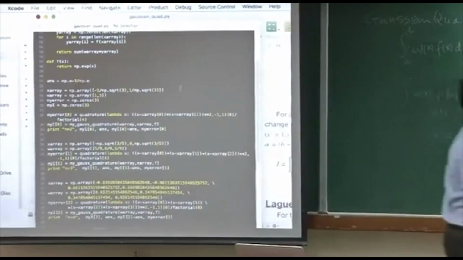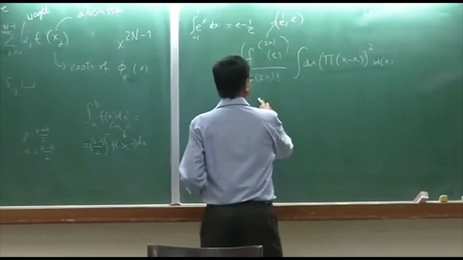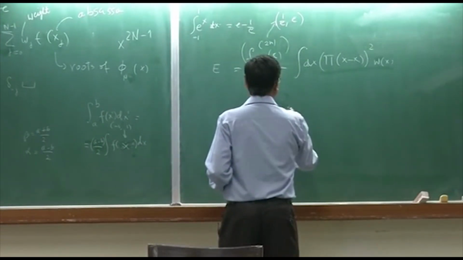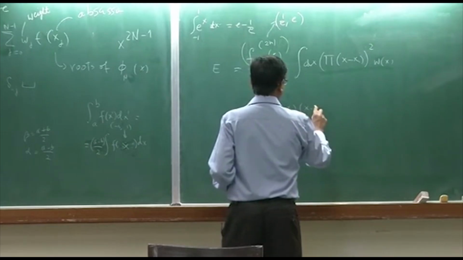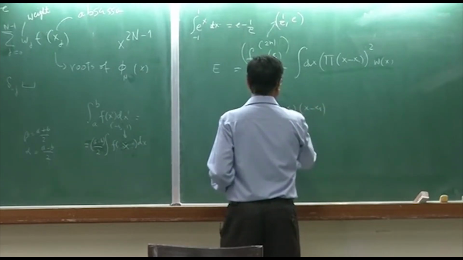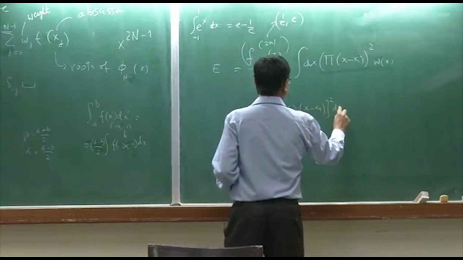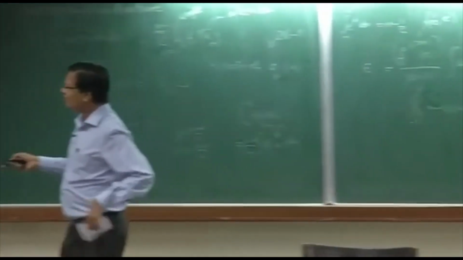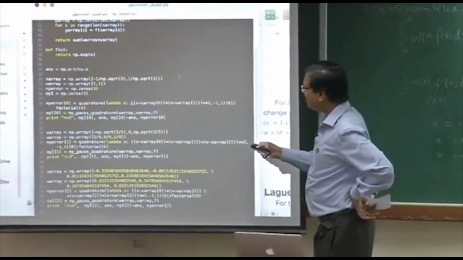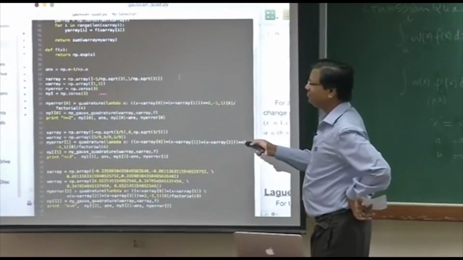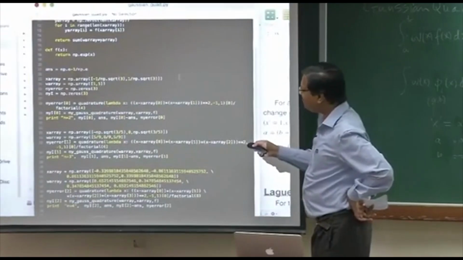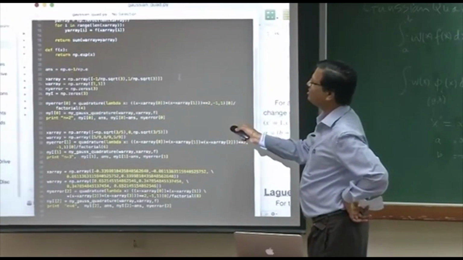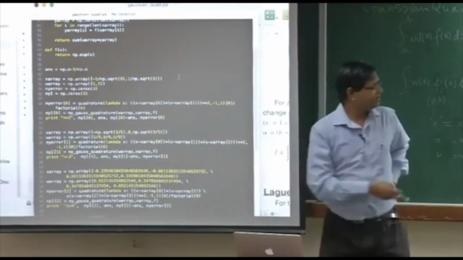Quadrature is integrating pi, x minus x0, x minus x1, whole squared. This very compact line does this integral, because I didn't need to define the function f; otherwise I would have to define another function, like def f prime, which would be this function.